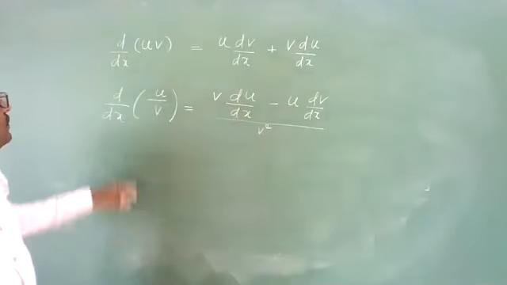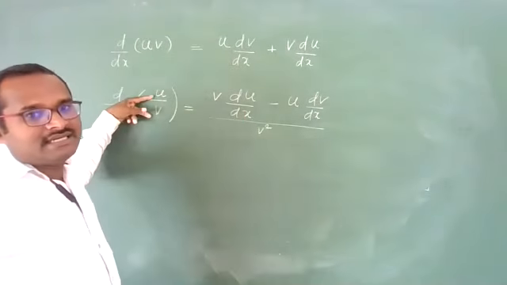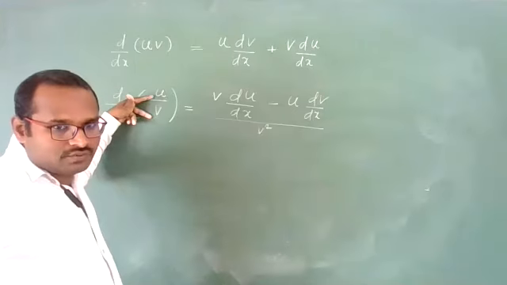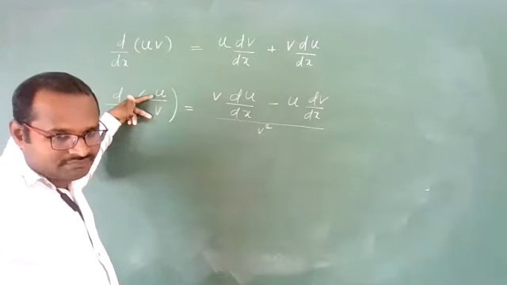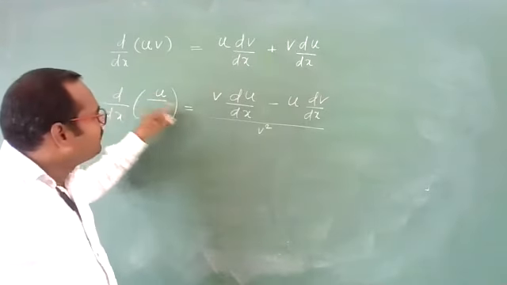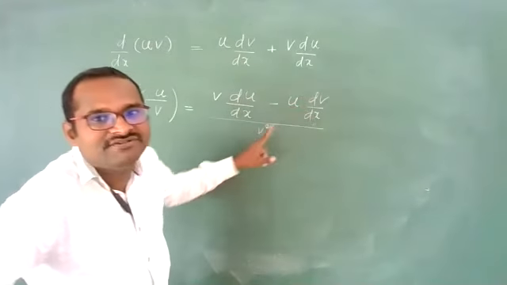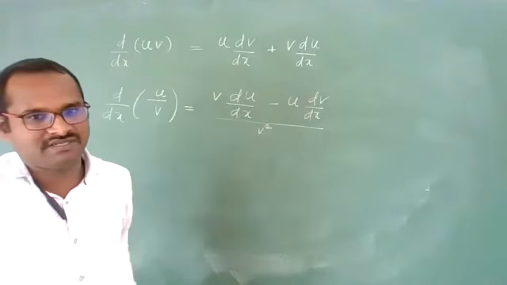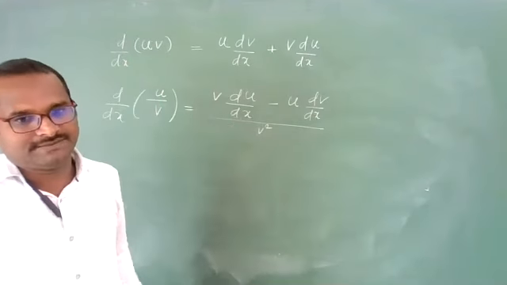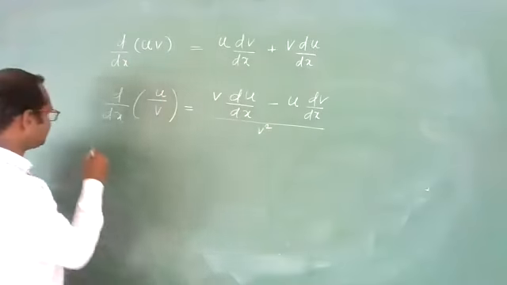So whenever you have a function as a division of two variables, that is u by v, then it is v du by dx minus u dv by dx, divided by v square. This is the formula you must remember. It is also useful for you in physics. Let us take one example.